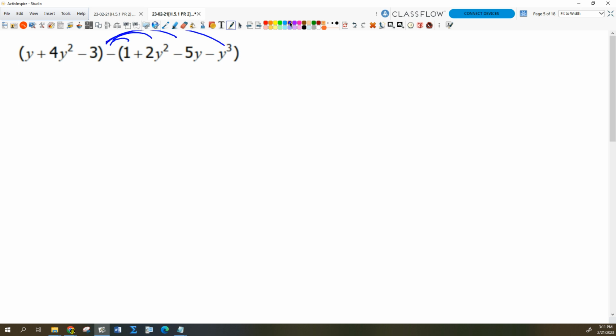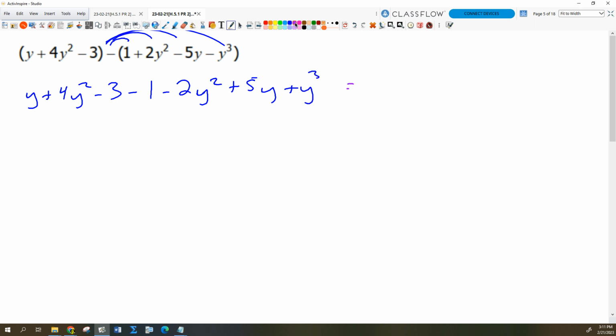Well, I can get rid of the parentheses on the first polynomial because nothing is being distributed. So I get y plus 4y squared minus 3. Now when I distribute that negative, I get minus 1 minus 2y squared plus 5y plus y cubed.